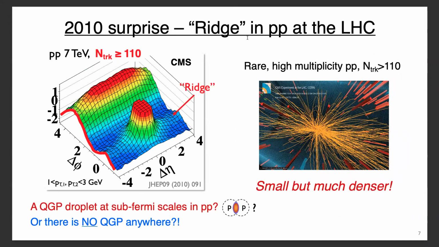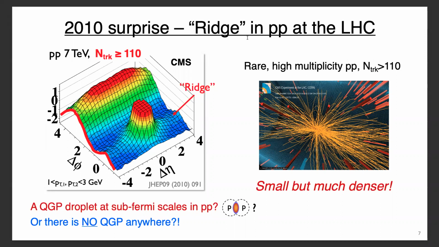However, the surprise came in 2010. This is right after the LHC started, and we see the ridge, or the flow effect, also in proton-proton collisions, in an unexpected way that no one really had expected. So here we're looking at proton-proton collisions, the same two-particle correlations, where it is small, but you can see there's a tiny little enhancement.